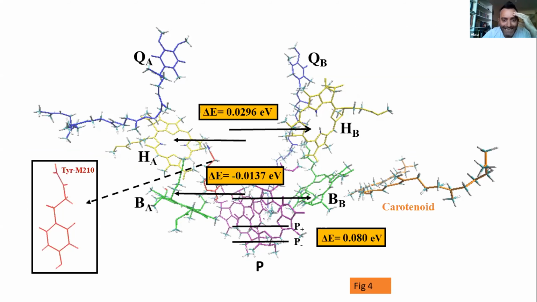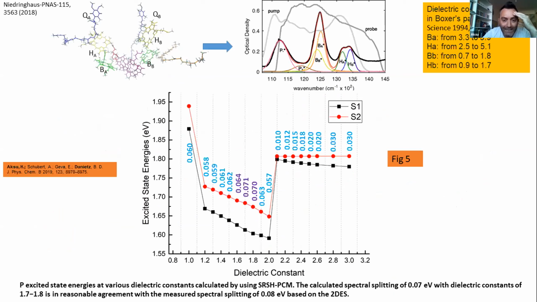We scanned the dielectric dependency for the special pair, and we found a very meaningful result, that is the shift of S1 and S2, which is found experimentally to be 0.08 eV.